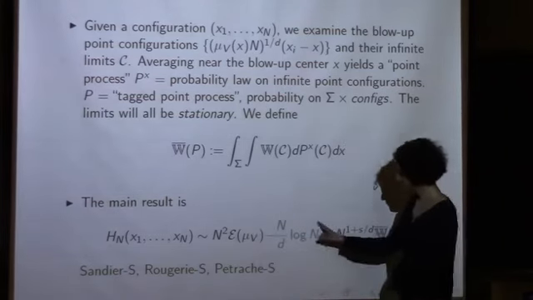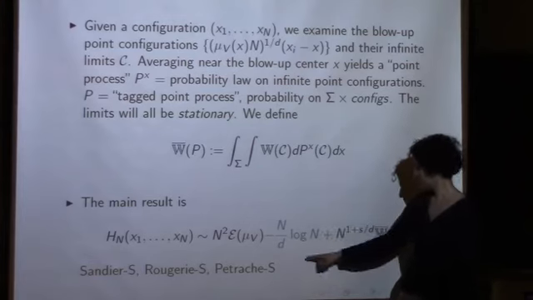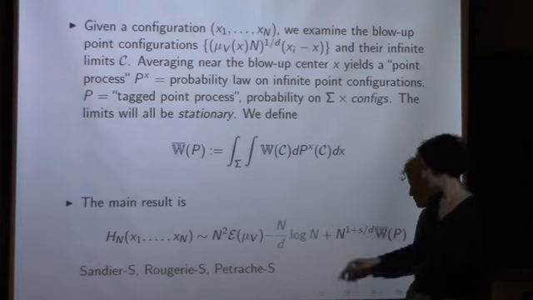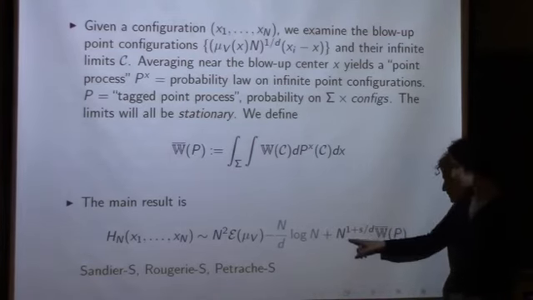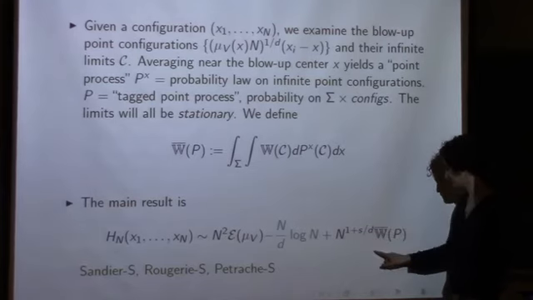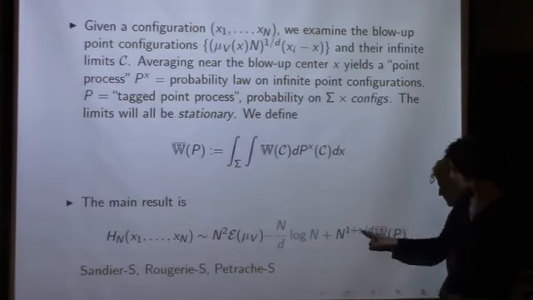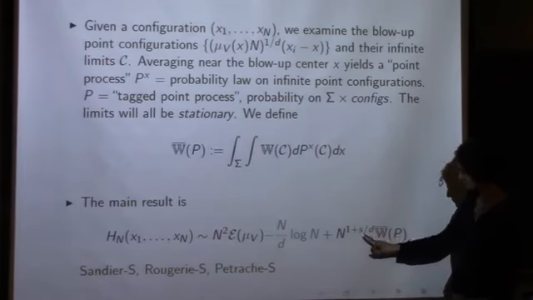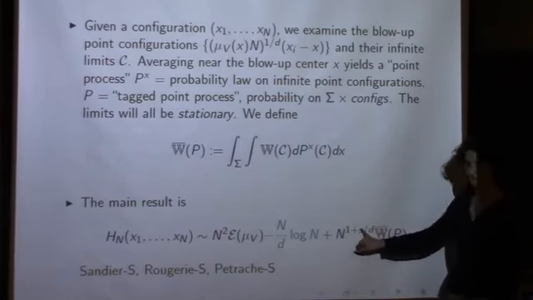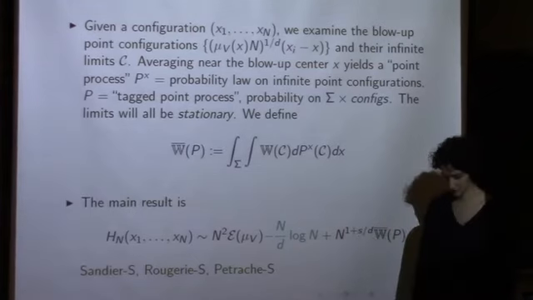If you're in a logarithmic case, there is a fixed term that comes out, n over dimension times log n. And in all the other cases, including log, there is a next order term, which is this W bar, times n to the 1 plus s over d. If you're in a logarithmic case, think of s as 0. You can just erase the s.